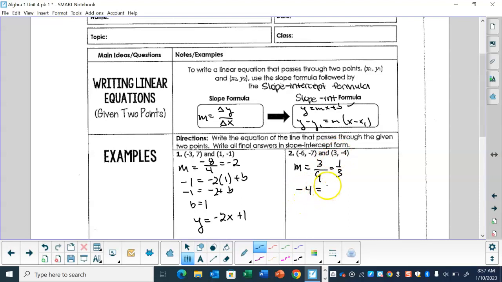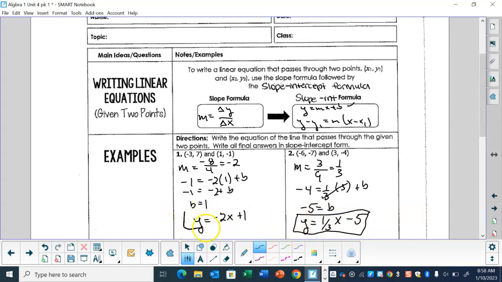Negative 4 is equal to 1/3 times 3 plus b. The 3's cancel out, leaving 1, and I subtract 1, so negative 5 is equal to b. Now I can write my equation: y is equal to my m, 1/3, times x, which is my variable, minus 5, which is my intercept. I should probably start boxing my answers.